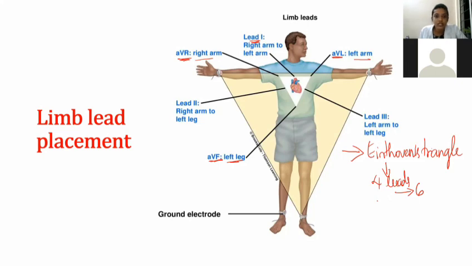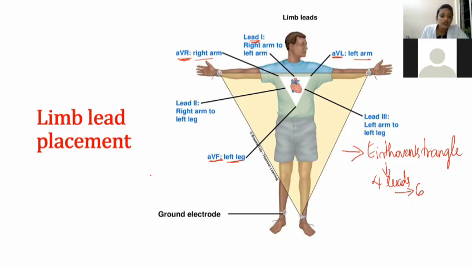For ECG, it is known as 12-lead ECG, but during clinical practice, you can observe that only 10 leads are present. So with the help of this Einthoven's triangle, we can explain how we are calling it a 12-lead ECG. Okay, so this is about the limb lead placement while doing ECG.